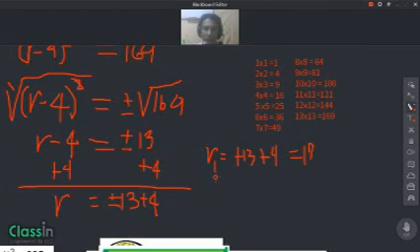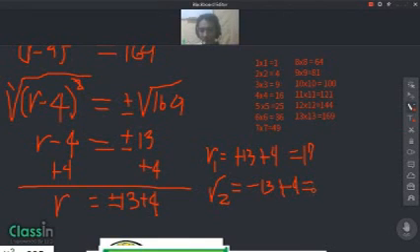Then r sub 2 is negative 13 plus 4, which is equal to negative 9.